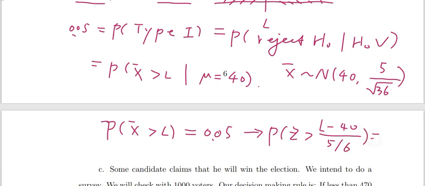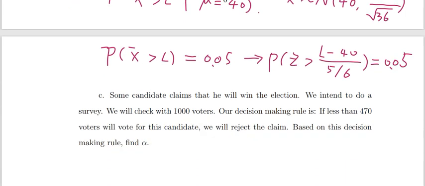So this equals 0.005. So from the table, we find the cutoff point. This is 0.005. So what is this number? You can find this from the table.